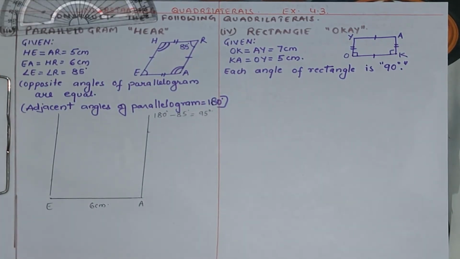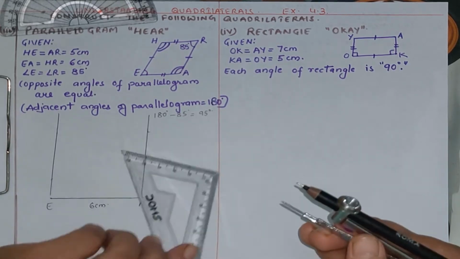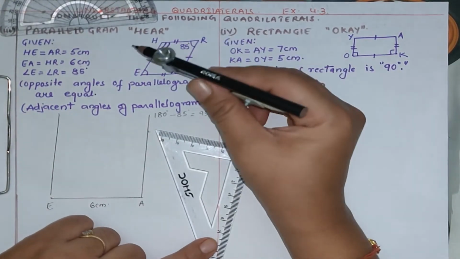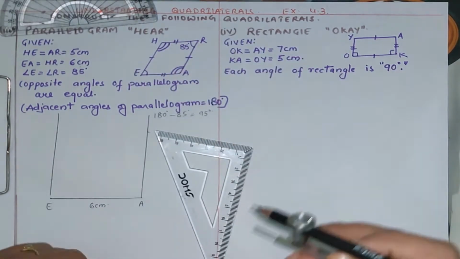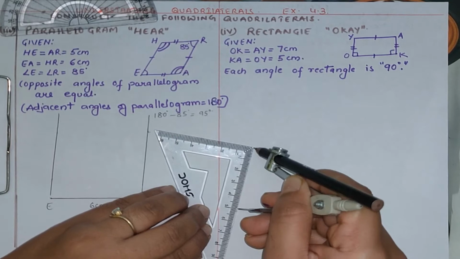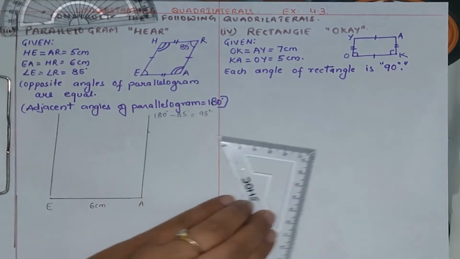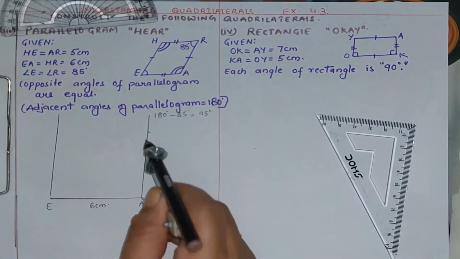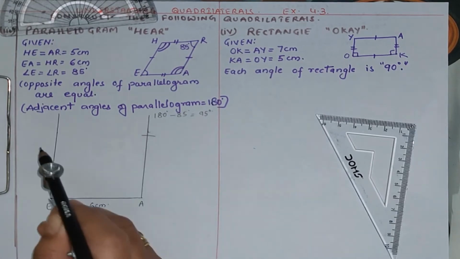Now we are going to take the measurement of the other side of the parallelogram, which is HE is equal to AR is equal to 5 centimeter. Take the measurement with the help of ruler and pencil like this, and the opposite sides of a parallelogram are equal.